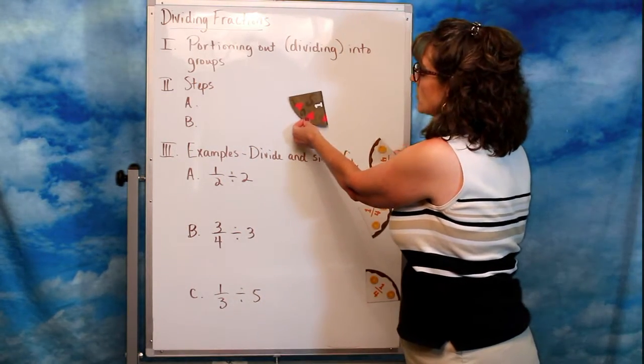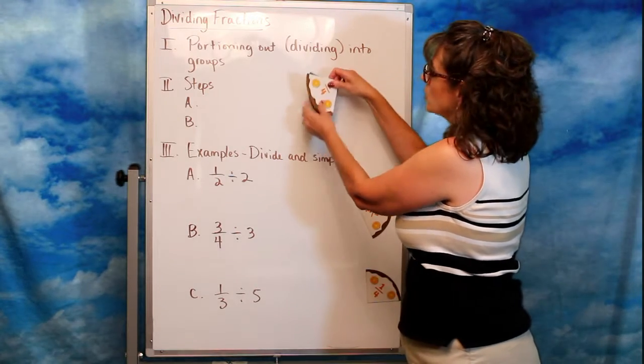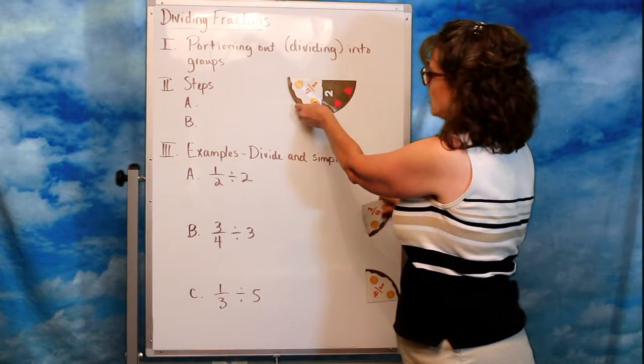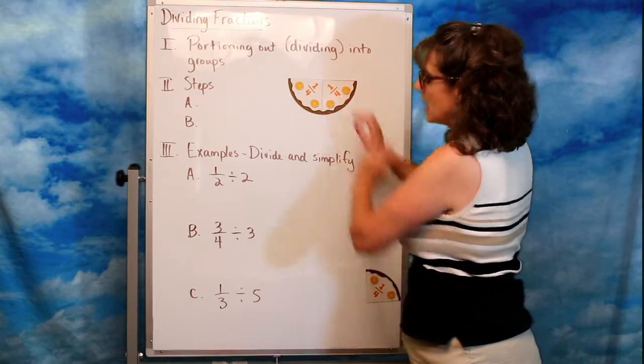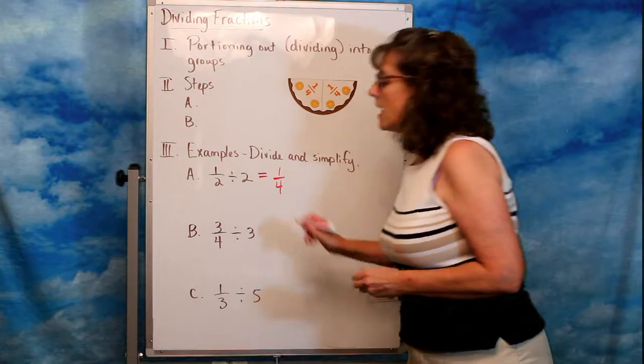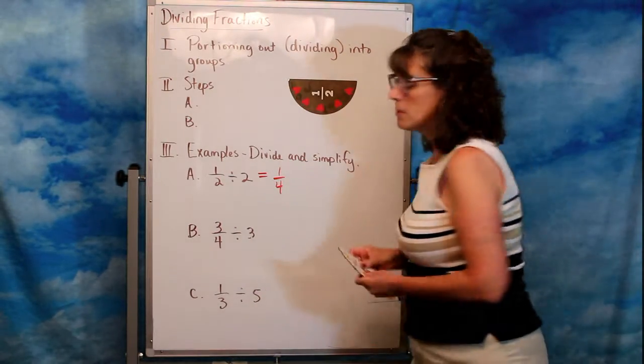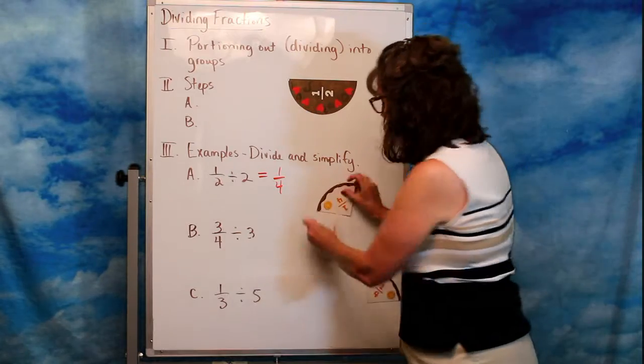Well, you'll notice that that is the equivalent of your 1/4 piece. So in other words, this 1/2, if I divide it into 2 sections, each of those sections is going to be 1/4.